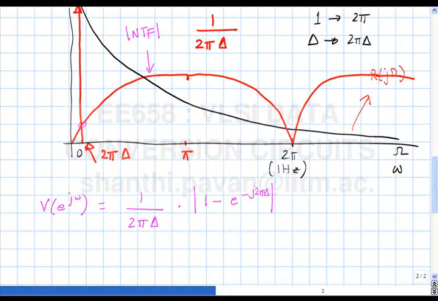Alright, and for small delta, what is this? 1 over 2 pi delta, and for small delta, what is 1 minus e to the minus j 2 pi delta? Modulus of this is 2 pi delta, so the product is equal to 1. Does it make sense?